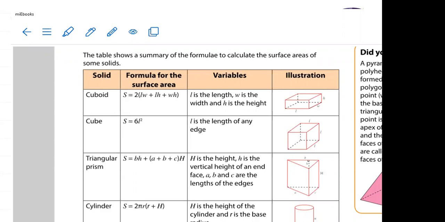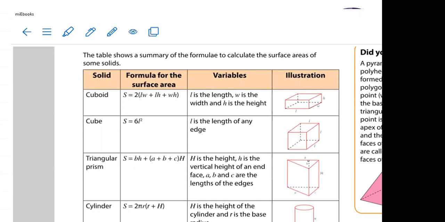And then the cube is quite different, in the sense that in a cube, you simply take 6 and multiply that by the area of any face. If the length is given in a specific cube, then you know that the area of any face will be length multiplied by length, which is length squared.